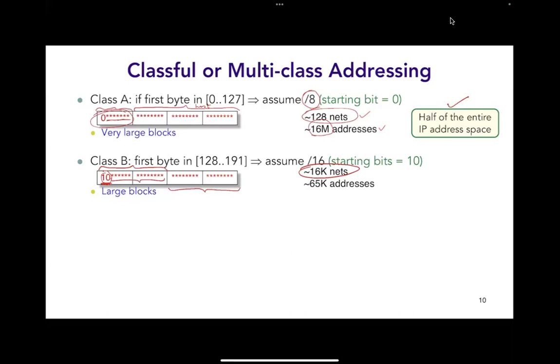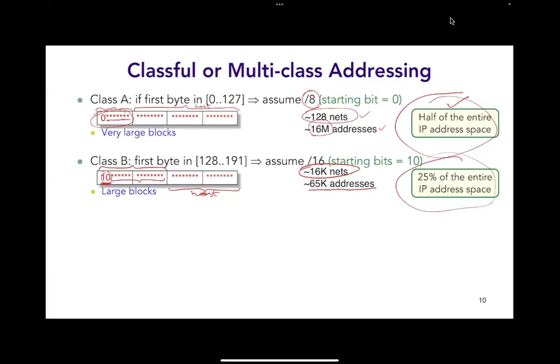So 2 to the power 14 is 16,000 networks, and each of those networks has a host portion which is 16 bits long. So that is 2 to the power 16, approximately 65,000 IP addresses. This represents about 25% of the entire IP address space. So 75% of the entire IP address space is gone in class A and class B only.